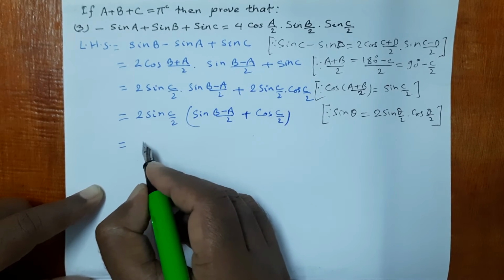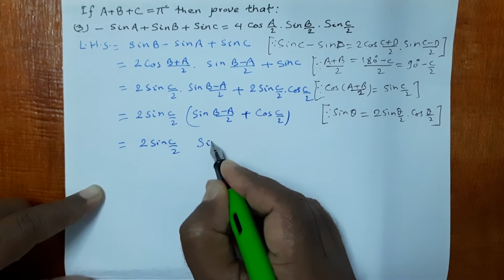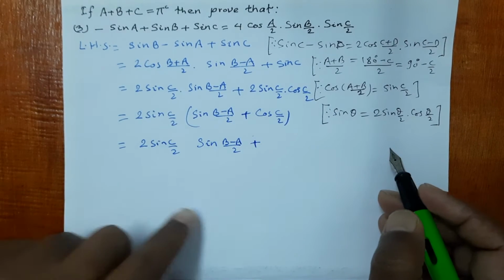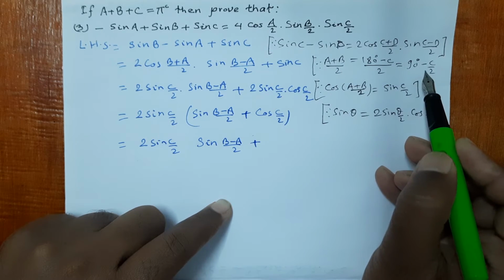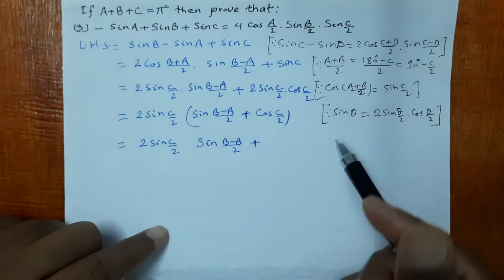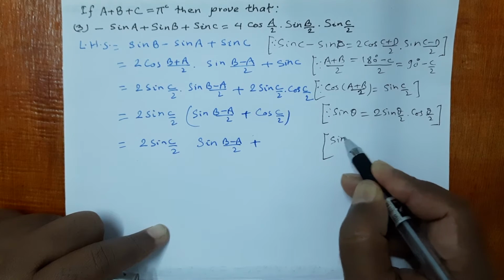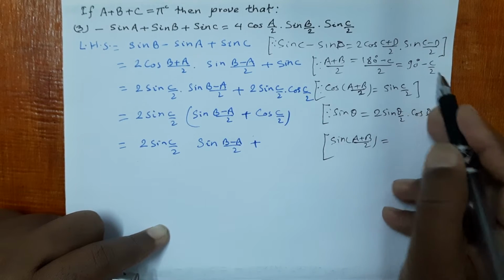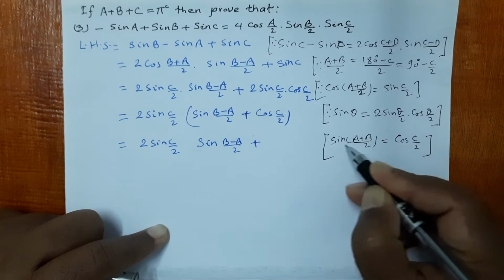This equals 2 sine c over 2 times sine b minus a over 2 plus, here if you take sine on both sides, then sine a plus b over 2 equals sine 90 minus c over 2, which will be cos c over 2.